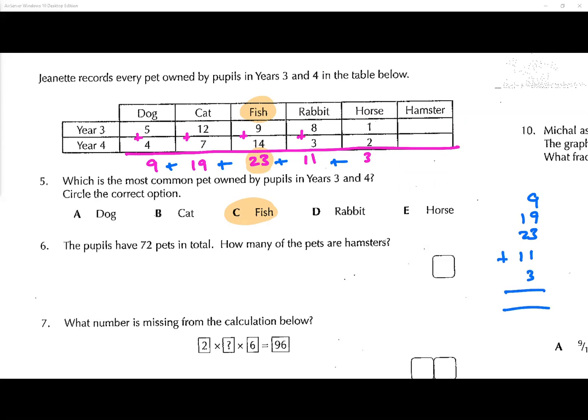So if we add these all up, that will give us a total of 65. Okay, and now we've been told there's 72 pets. So 72 minus the 65 that we have will give us the 7 missing. So all this together will give you 7. And that's what they wanted to know. How many are hamsters?